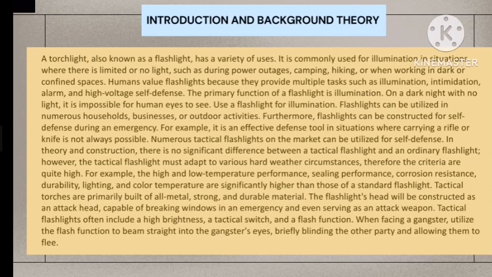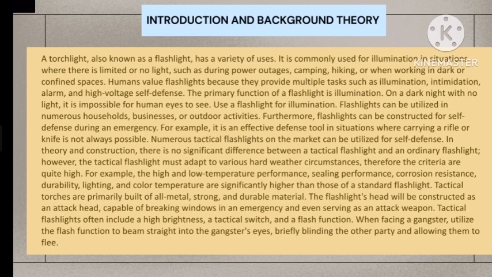For example, the high and low temperature performance, sealing performance, corrosion resistance, durability, lighting, and color temperature are significantly higher than those of a standard flashlight. Tactical torches are primarily built of all-metal, strong and durable material.